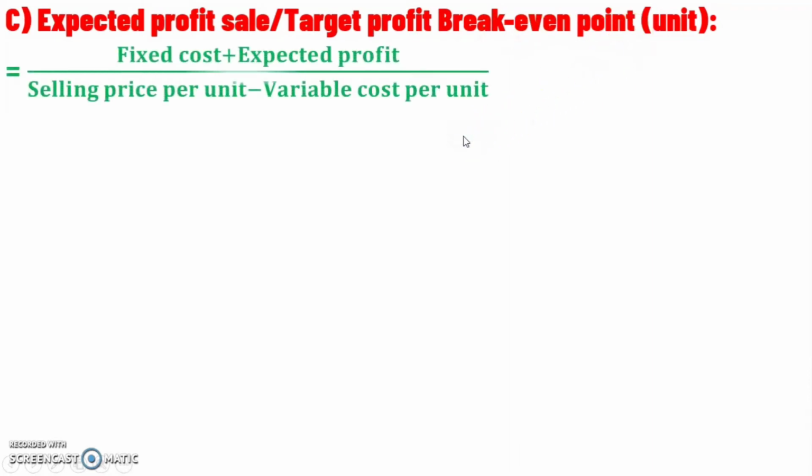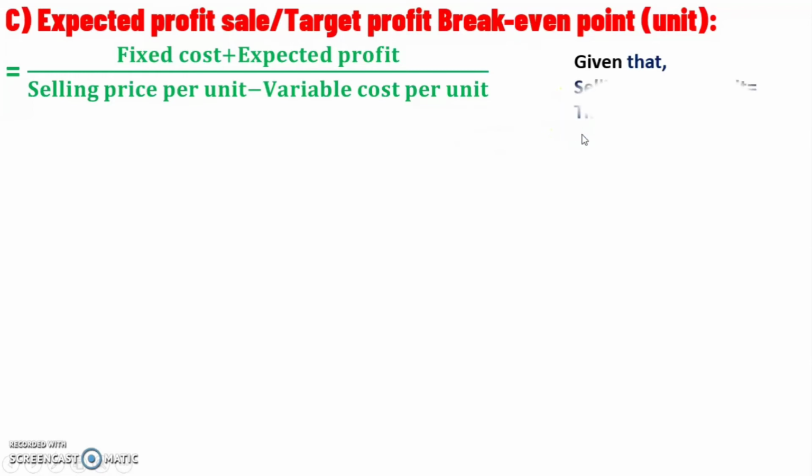My dear students, now we calculate the required number C, expected profit sale or target profit break-even point unit. This is the formula: fixed cost plus expected profit divided by selling price per unit minus variable cost per unit.